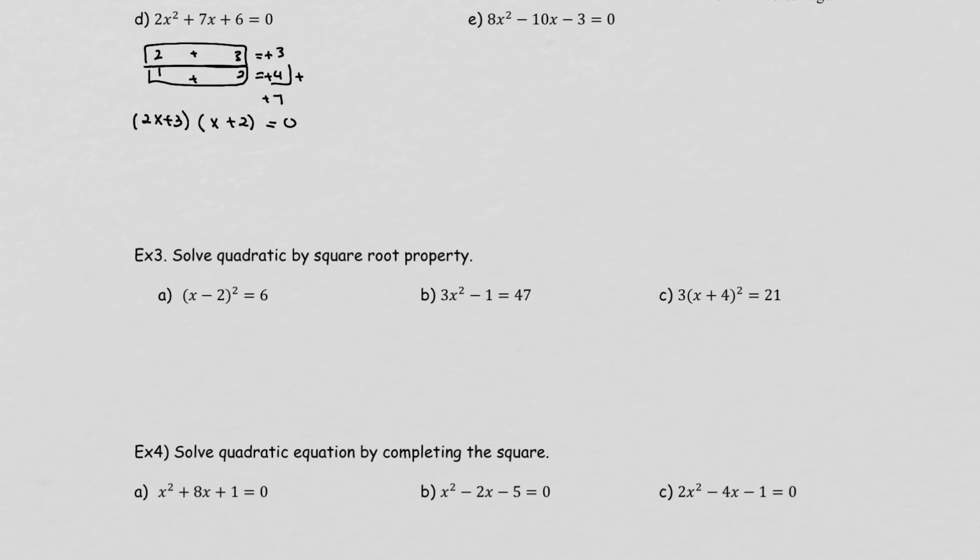So once you factor, set equal to 0, then let each factor equal 0 to find two solutions, right? The first solution is negative 3 over 2. The second solution will be negative 2 on that problem.